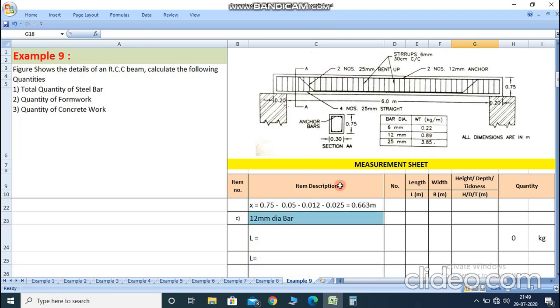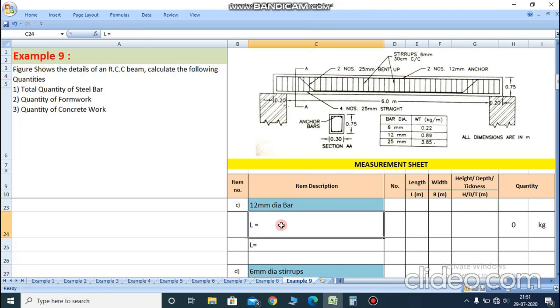Now we find out the 12 mm diameter bar. Here two numbers of 12 mm diameter anchor bar are provided. So number is 2, given already in the figure.